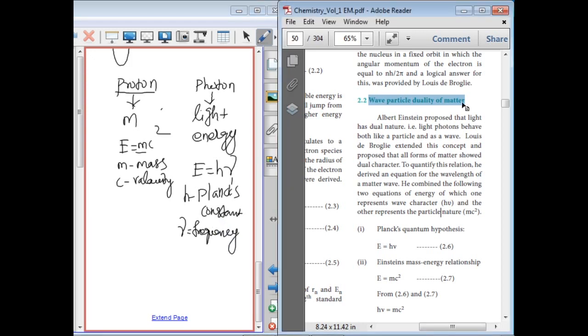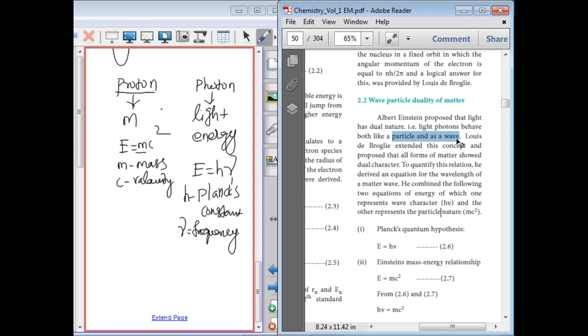Nu is the frequency. Duality of matter. So already I explained, Albert Einstein proposed that light has a dual nature. One is the particle nature, another one is the wave nature. So the light, photon, has both the particle and the wave. But de Broglie extended the concept and proposed that all forms of matter show the dual character.